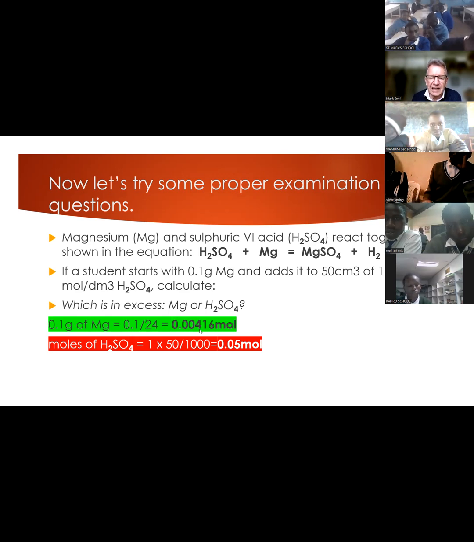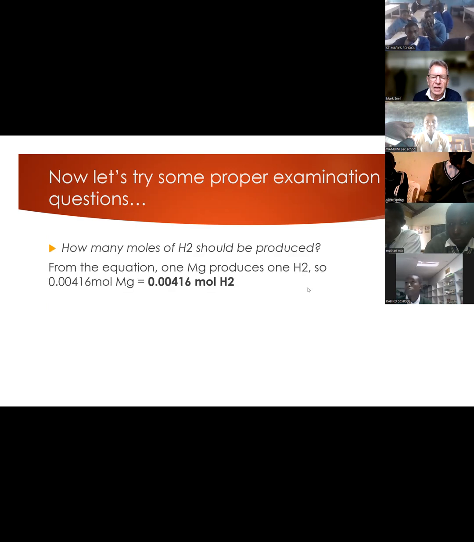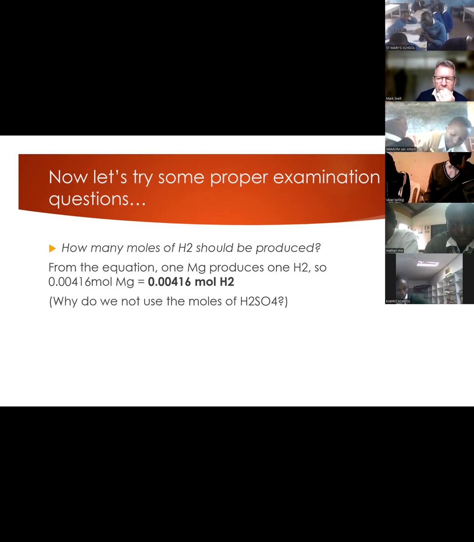So 0.00416 of Mg will make 0.00416 moles of hydrogen. We don't use the moles of the sulfuric acid because it is in excess. In other words, there is too much of it. Some of it will be left over afterwards.